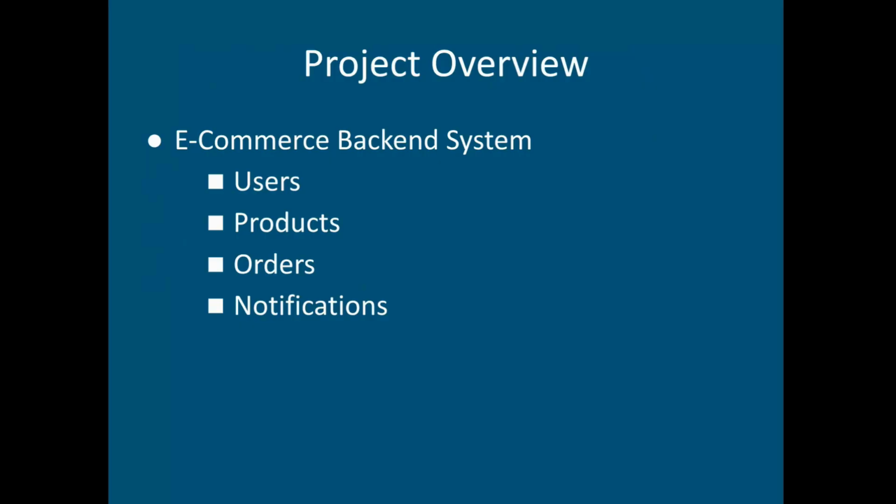Inside products we have product management. Inside orders we have orders management, orders processing and all. And we have notification, which will be async notification. This project will grow along with the course. First, as I mentioned earlier, we will look at it as a monolithic, then convert it into microservices.